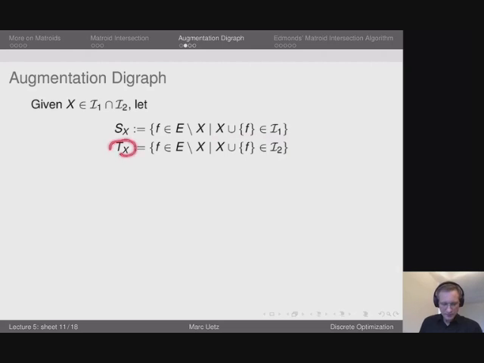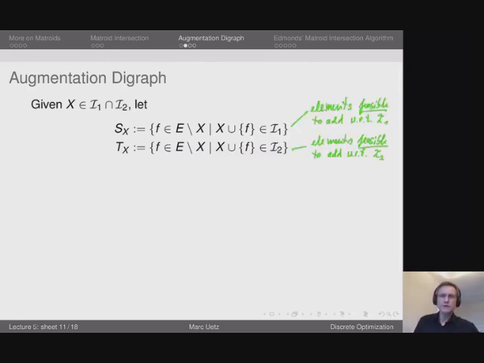And Tx would be the elements that I don't have already, which could be feasibly added with respect to the second matroid. Okay, so those are the 2 subsets which are interesting. That's, given the current X, those that can be feasibly added with respect to one or the other matroid.